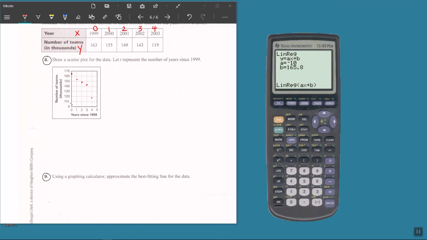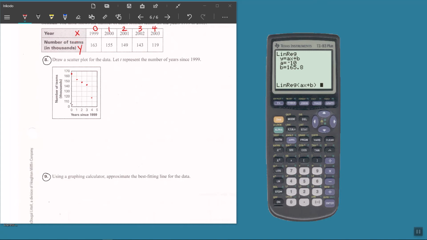And what comes up is the slope, your a. Again, they're calling it a instead of m here. So your a for this line is -10, which makes sense if you look at the way you plotted the data points for number 8. You do have a negative correlation, so you would expect a negative slope. And then your y-intercept is 165.8.